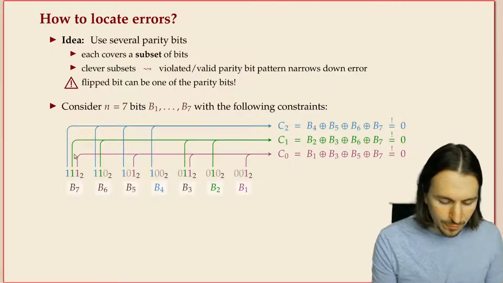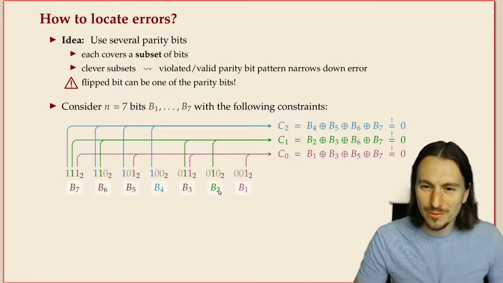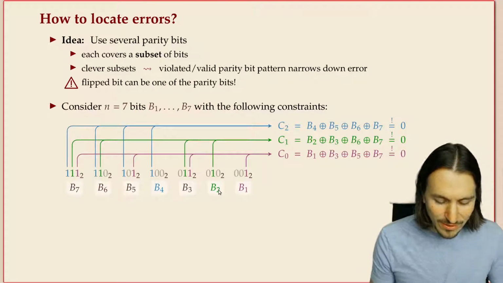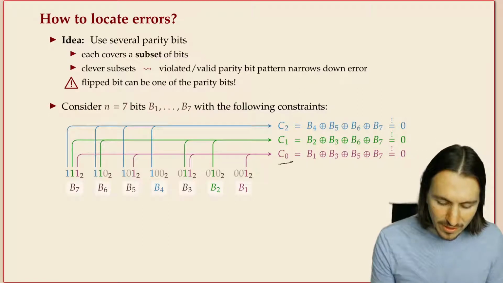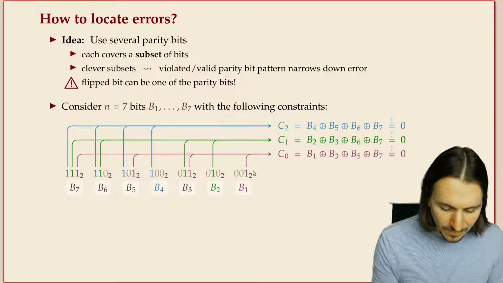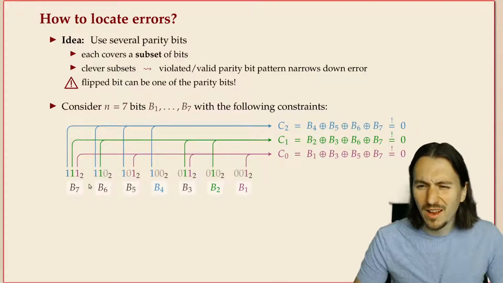C2, the green one, does it for the first 2 plus these, counting from below, it's these 2 and these 2. And then we have the magenta one, which does it for every other bit starting from the outermost. That looks like a very curious pattern.